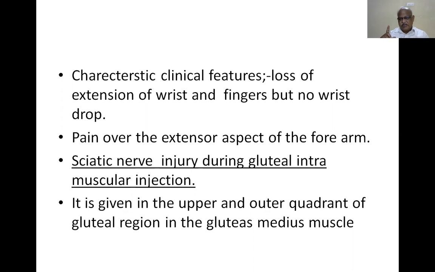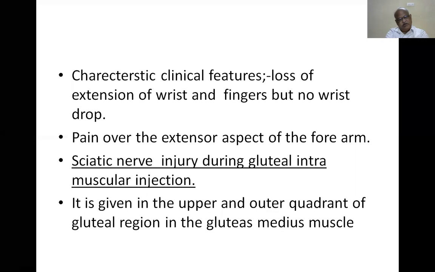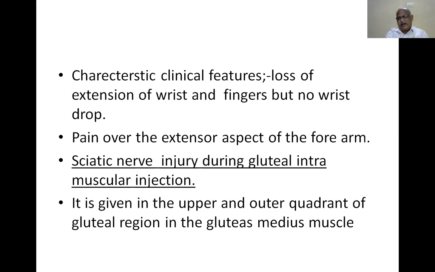So you will give injections at two levels: number one at the arm level, and number two at the gluteal region. There is a common principle in every intramuscular injection. You should not cause neurovascular damage, that is, damage to the nerve or to the blood vessels.